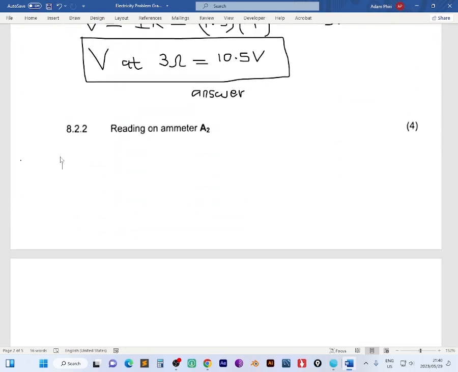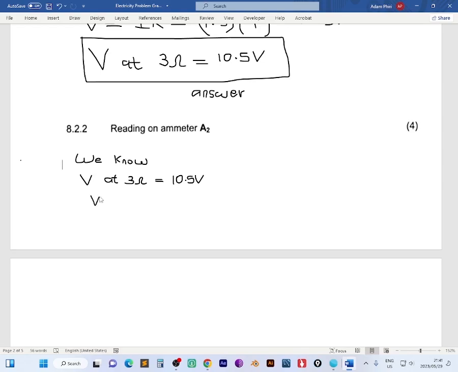Now 8.2.2, we need to know the reading of ammeter A2. Again, we know that the voltage at the 3 ohm resistor is 10.5. So that's the potential difference.